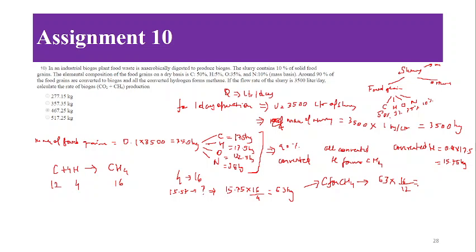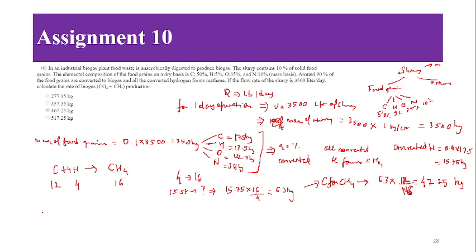Again, the unitary method is utilized here. Sorry, it will be 12 by 16. My bad. It comes out to be 47.25 kgs. So now we know C utilized for methane.